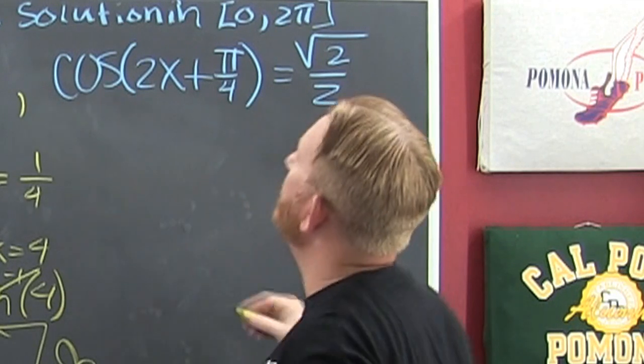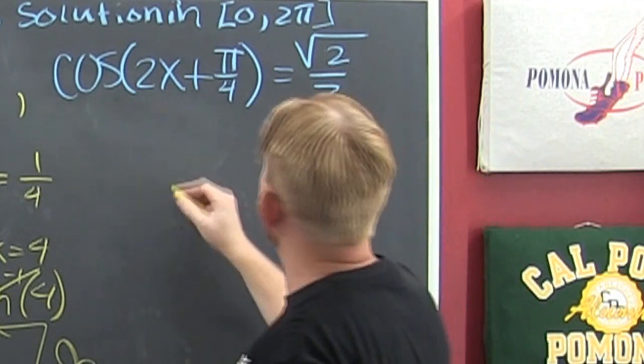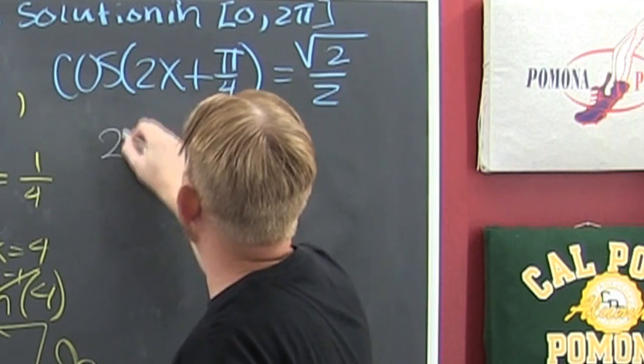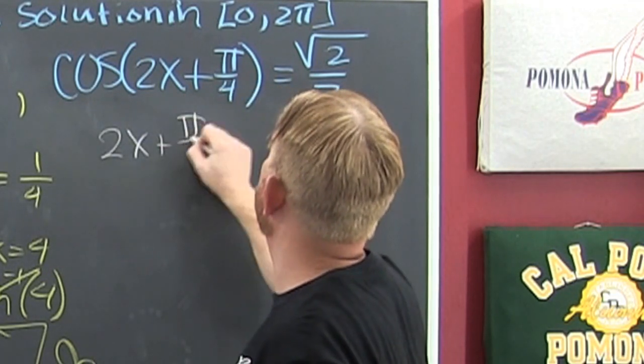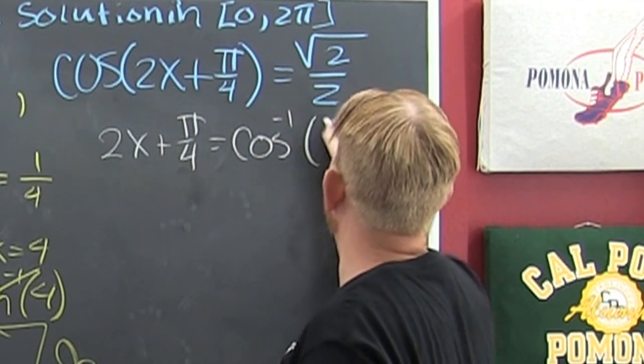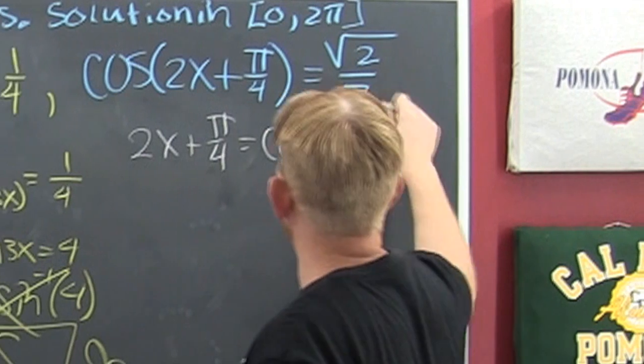I isolate the cosine, then I take the inverse cosine of both sides, and when I do, I'm going to have that 2x plus pi over 4 is the cosine inverse of root 2 over 2.